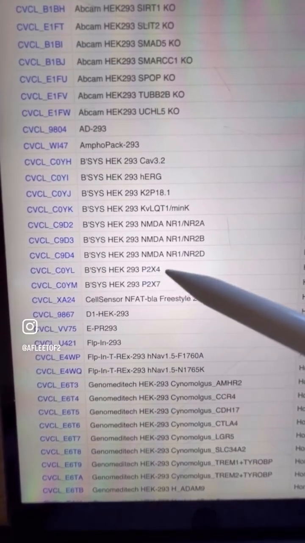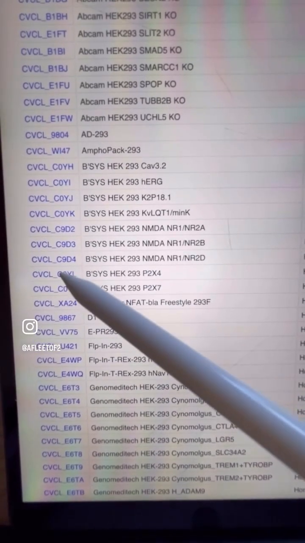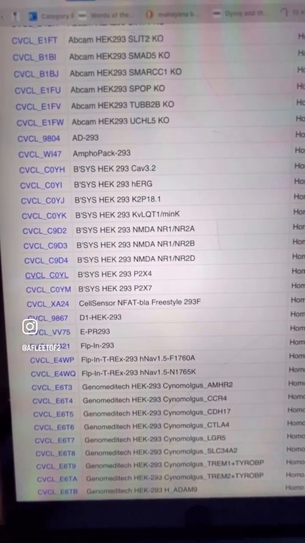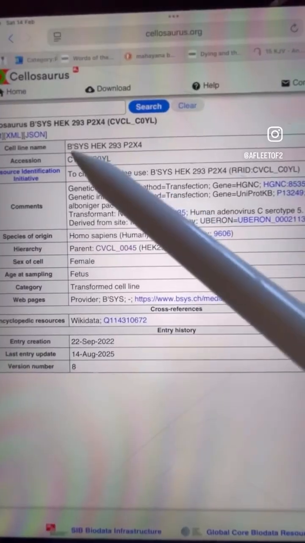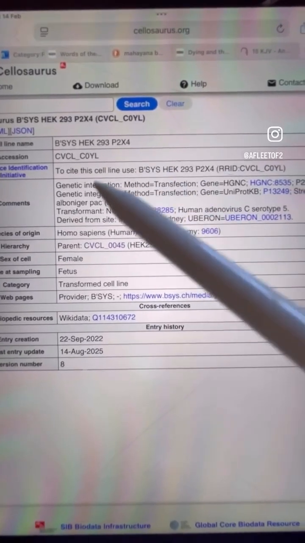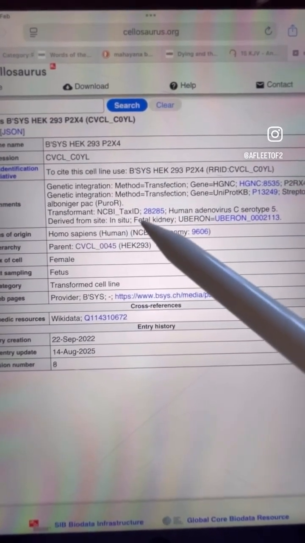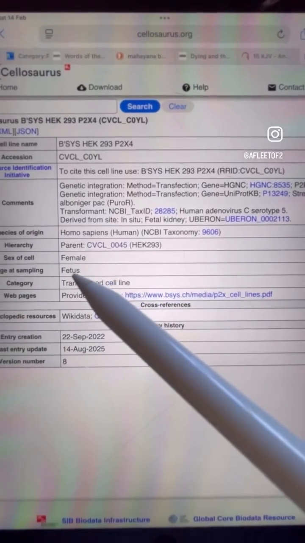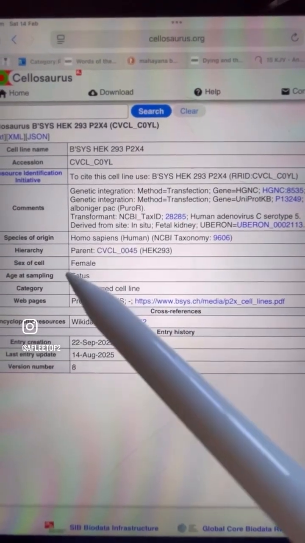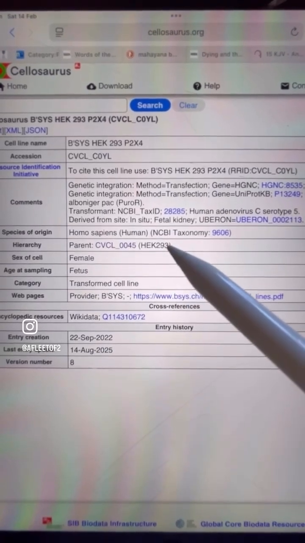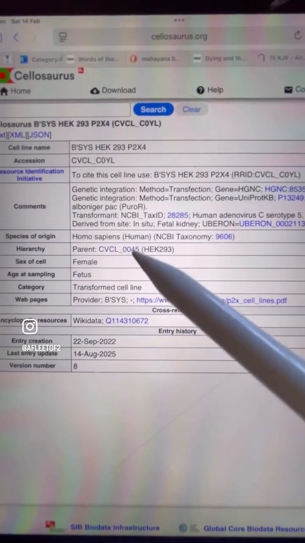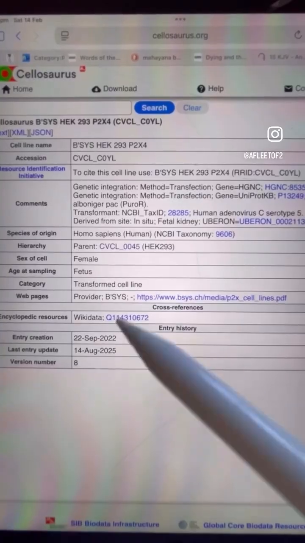HEC 293, let's go into that one. So you'll get the HEC 293 fetal kidney, female fetus. The identifier is CVCL 045, so that's the entry for HEC 293. This one you'll find everywhere.